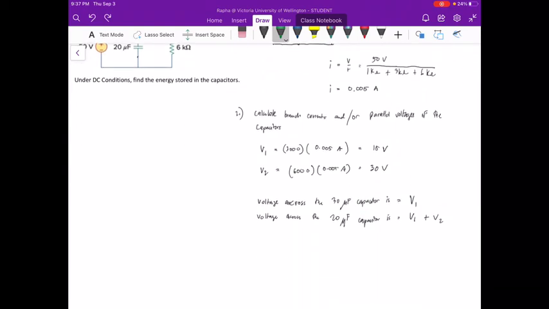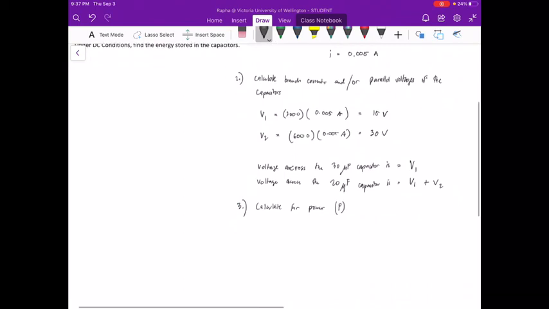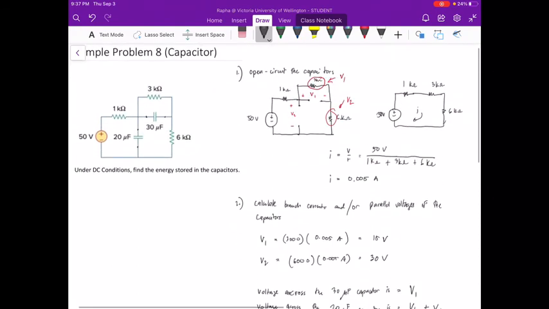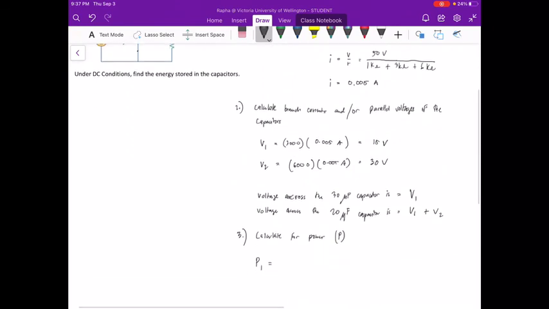Now let us solve or calculate for power. We have P as our power, P1, the power, that is the energy rather. Let me change that.